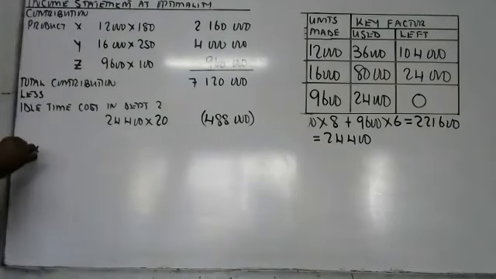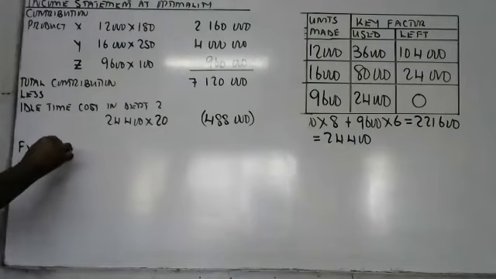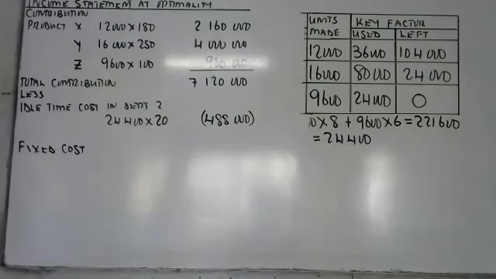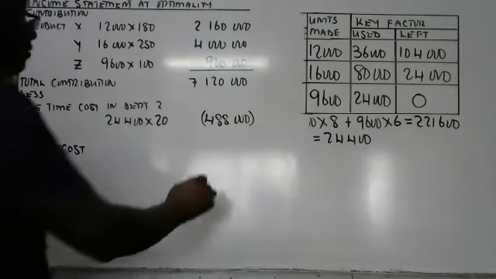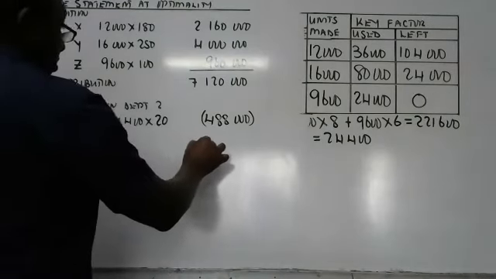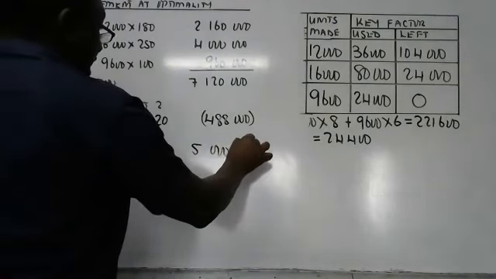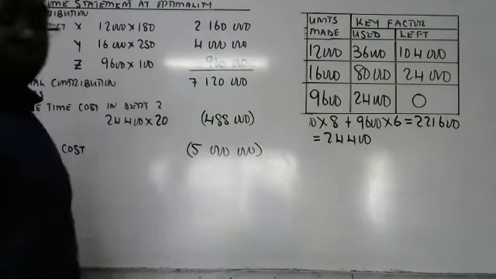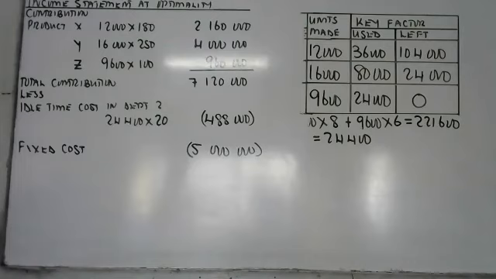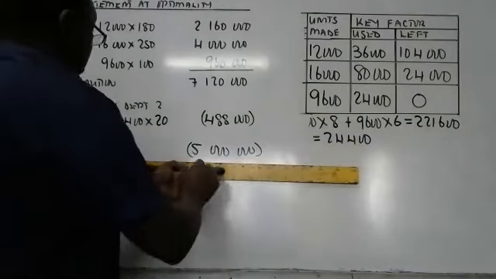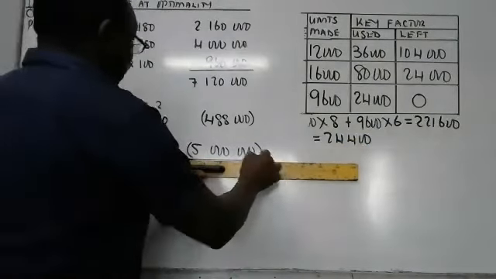There should be fixed costs. Fixed costs, the question tells us clearly that it is 5 million. I think those are the only costs. So with that, we have the net profit.